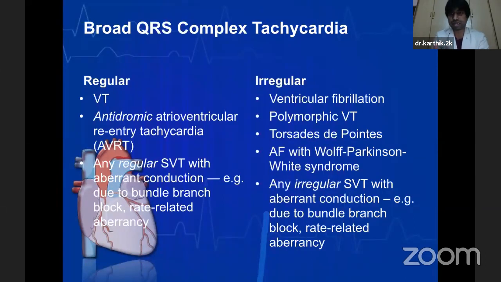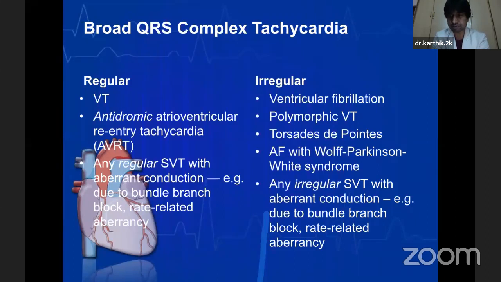Others you may find difficulty, but still, with a little application of concepts, you can arrive at the diagnosis. Then we have any regular supraventricular tachycardia when it bypasses the normal channels of electricity conduction and uses an aberrant pathway, bypassing the AV node and reaching the ventricles directly. So when that happens, those tachycardias can also have wide QRS complex.